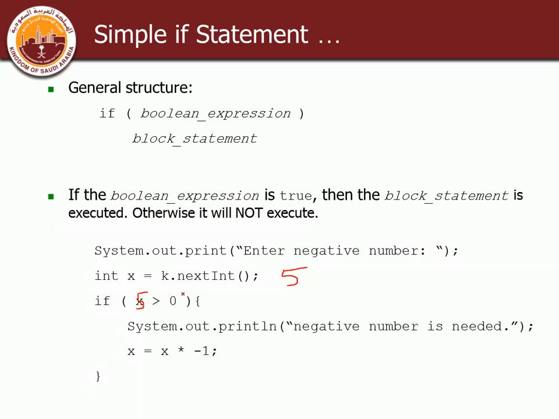Yes, well, you have to be more firm in what you believe. And this is yes, and then when I get inside, I will display that a negative number is needed, and then what would happen? The variable x that was 5, now I take 5 multiplied by -1, this is -5. What do I do with -5? Put it inside of x. So now it becomes -5.